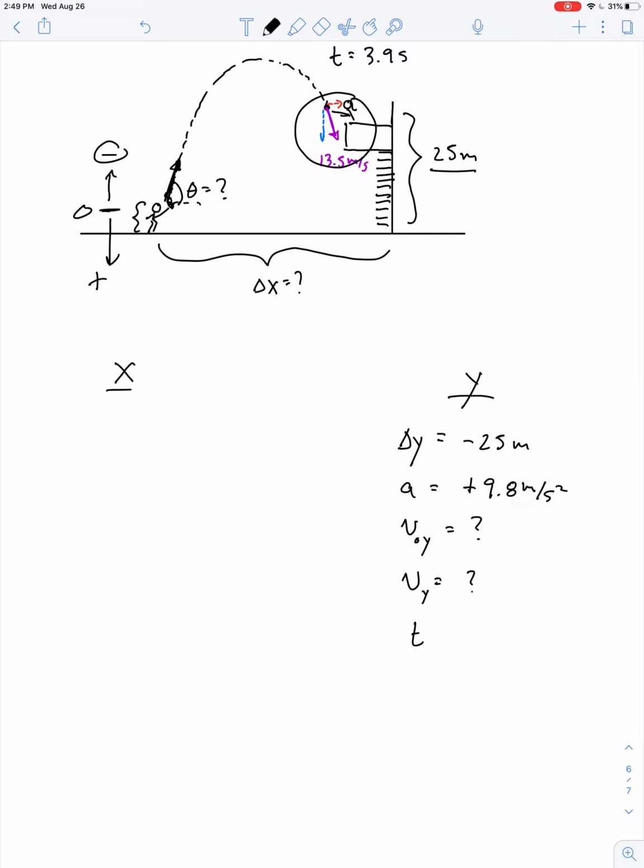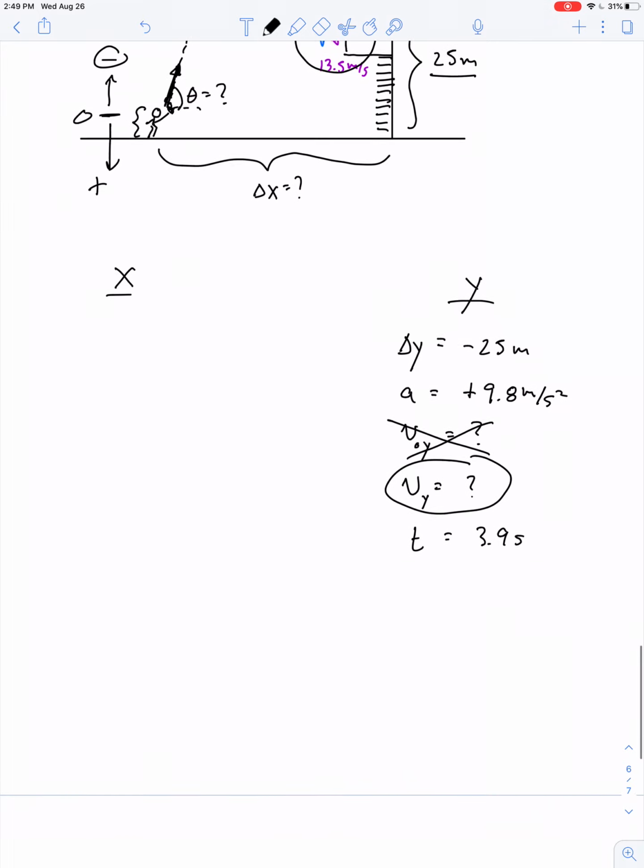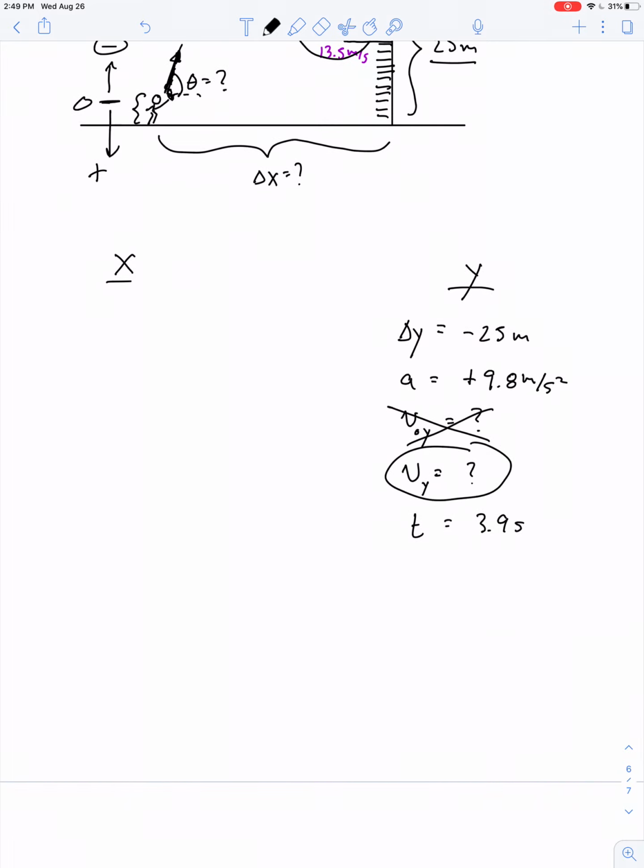But we do have time of flight. That's 3.9 seconds. Oh, I see. So we can solve for the vertical component of the velocity. Anytime you have three quantities in a list of kinematics variables, you can always solve for a fourth given the correct equation.